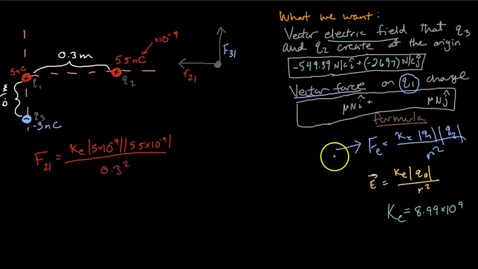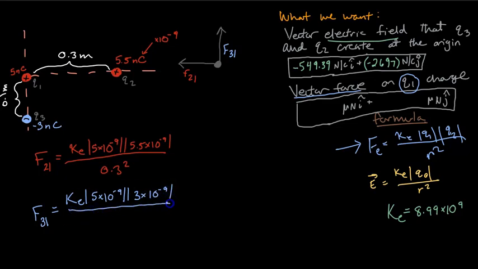And then for our y component, our force of 3 on 1, we will get our Coulomb constant times our Q1, which is 5 times 10 to the negative 9, and then the magnitude of our second charge, which is 3 times 10 to the negative 9, and then we divide that by the distance, which is 0.1, and then we square that.